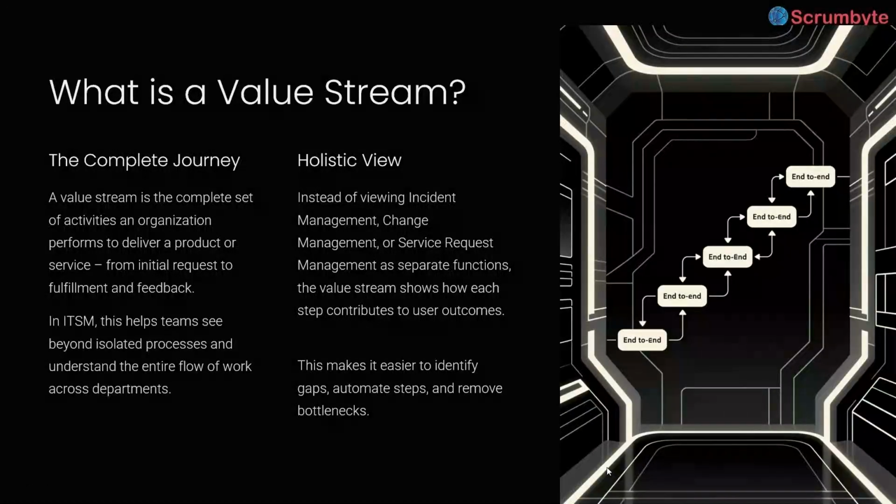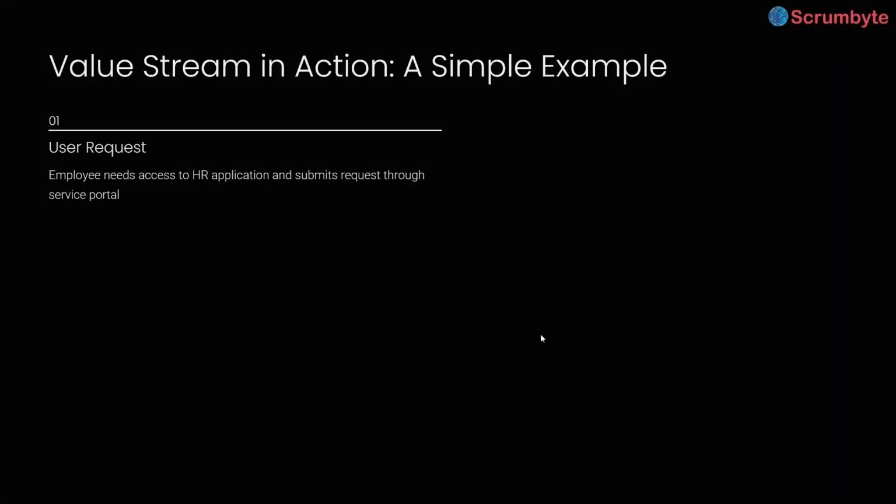So let's see a little bit more and dig into it deeper. Let's continue here. We'll look at a very simple example. The first step is a request from the user. An employee needs to get access to an HR application, and normally you submit this kind of request through a service portal.